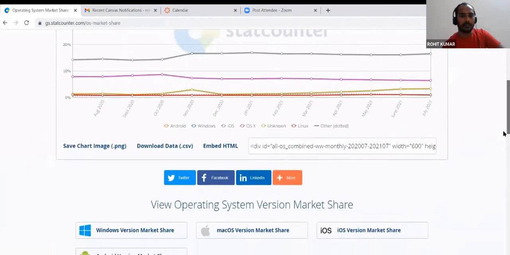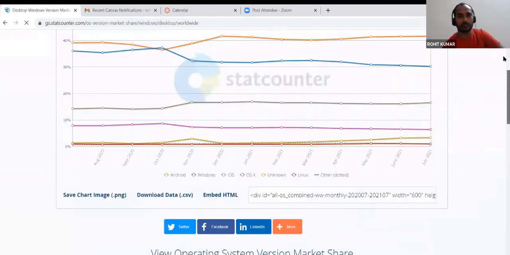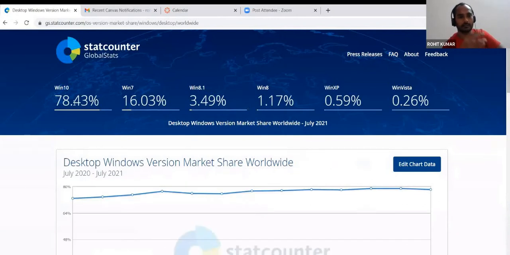Then if you want to see the Windows version market share specifically, we can see here that Windows 10 is leading with 78.43% of market share, and then Windows 7, Windows 8.1, Windows XP. XP is quite old, but it still has this much share.